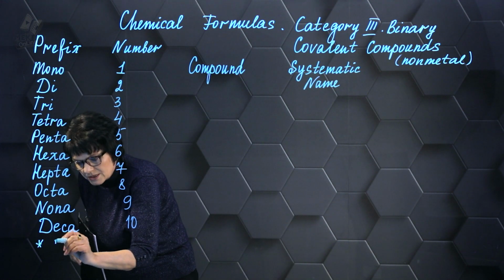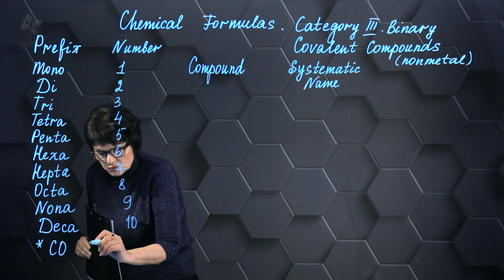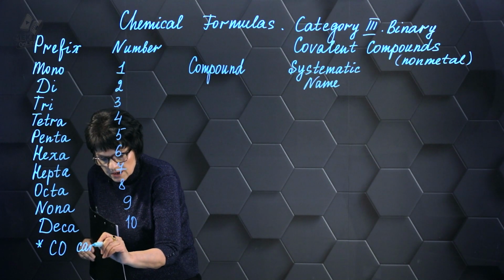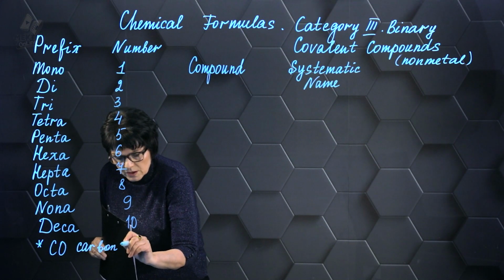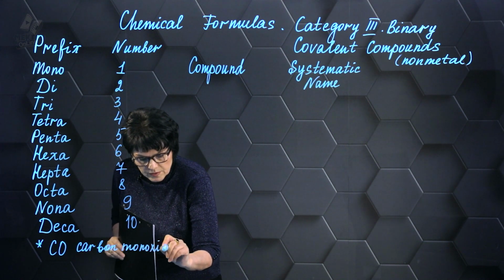For example, if it is a compound consisting of carbon and oxygen, commonly referred to as CO, then our name for it will sound like this: carbon monoxide, a colorless and odorless gas that is highly toxic to humans.